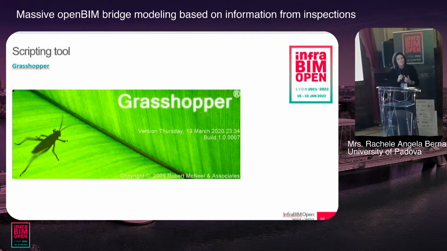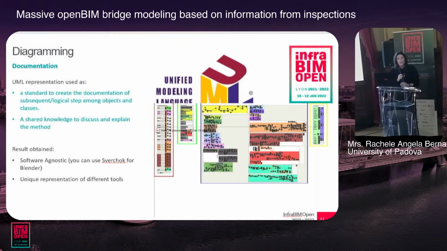The VPL that we used was of course Grasshopper, as you can see, to create parametric models and also change the configuration of the geometries related to the bridge structures quickly, changing the different parameters and by the inspections. In order to define the relationships, the elements, and all the semantic assignment of the data schema, we also used a UML representation.